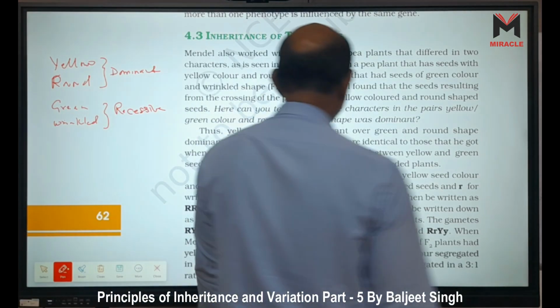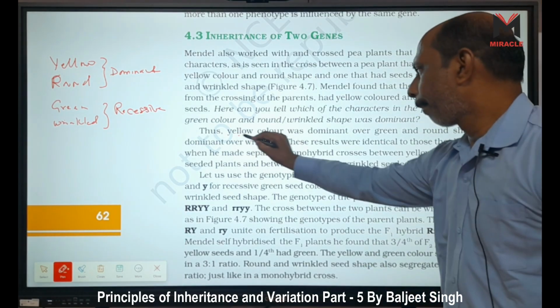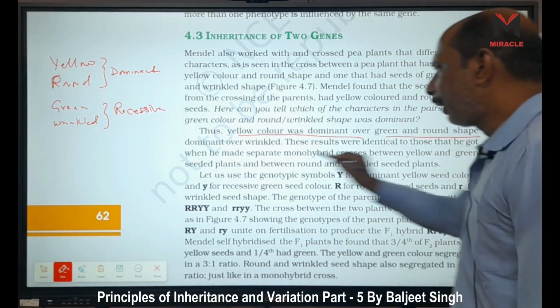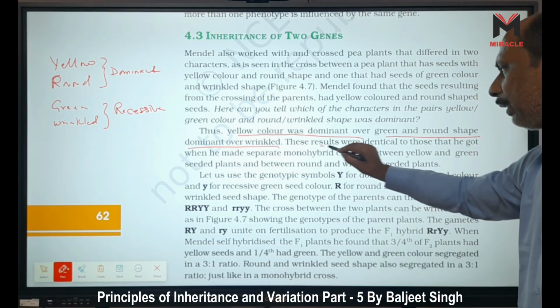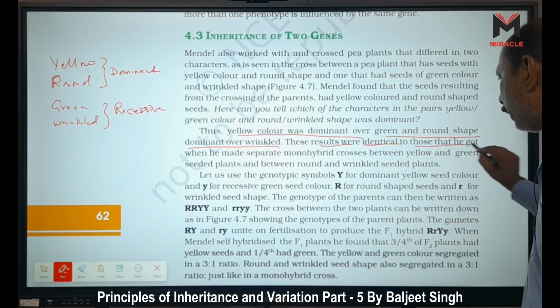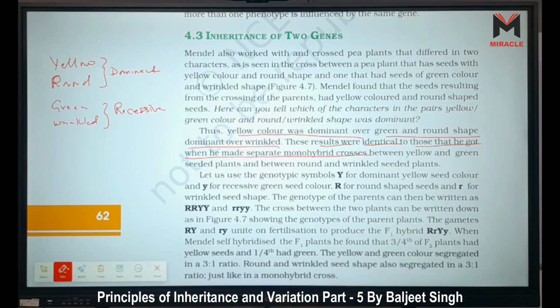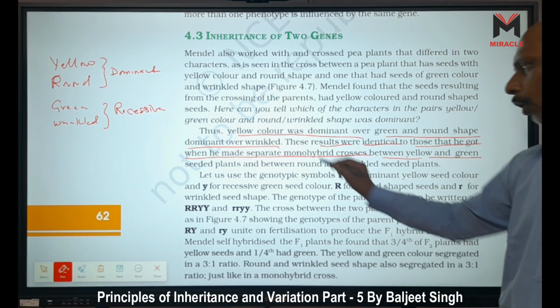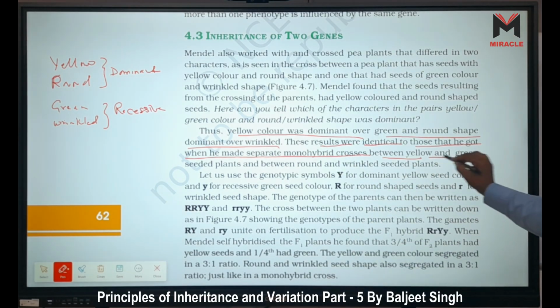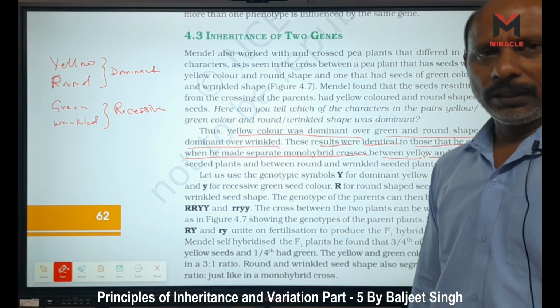The yellow color was dominant over green and round shape dominant over wrinkled. These results were identical to those he got when he made the separate monohybrid crosses between yellow and green. In a monohybrid cross, when he took only one trait, yellow and green, he got only yellow seeds in the F1 generation.